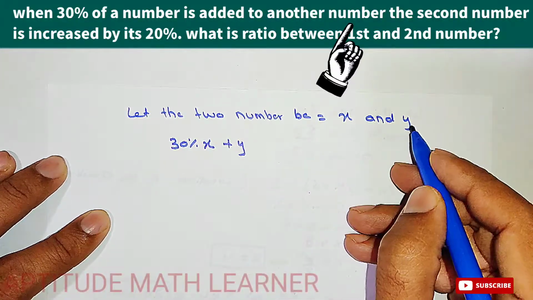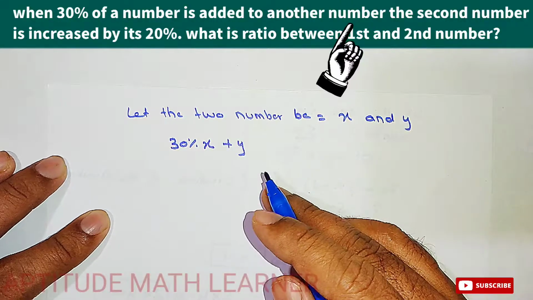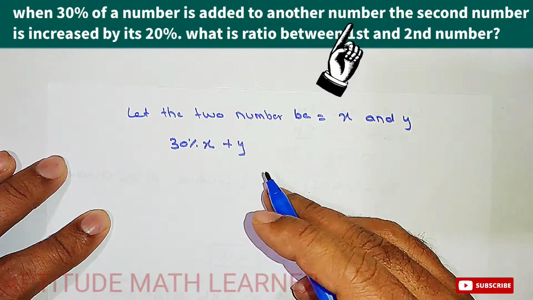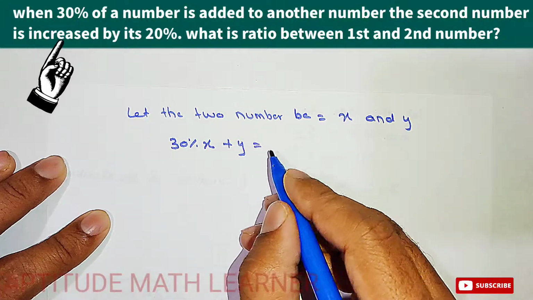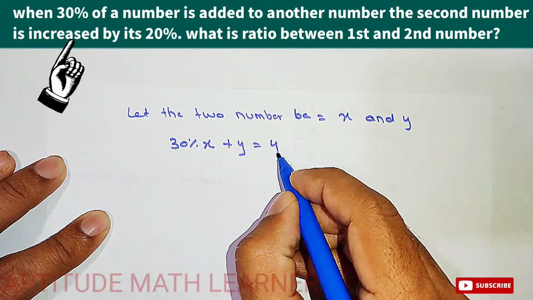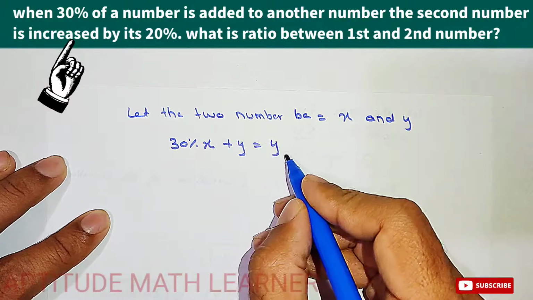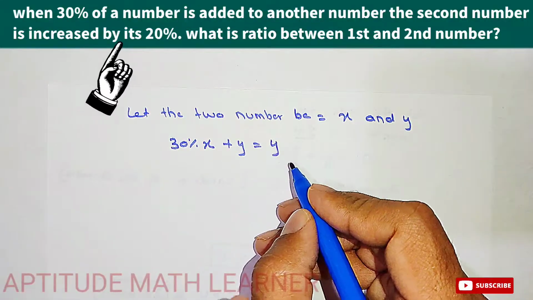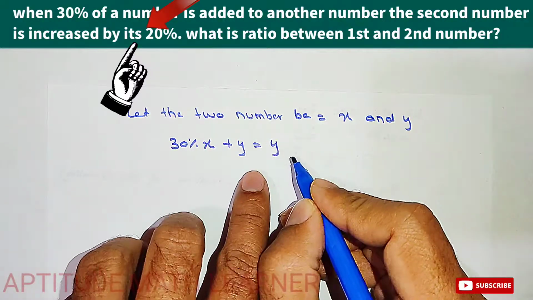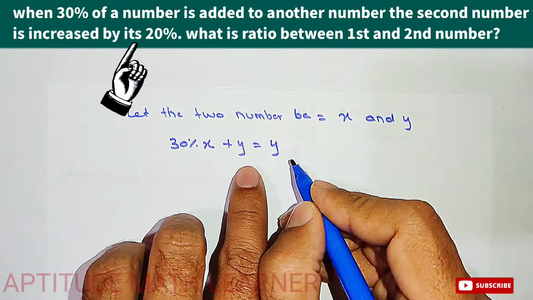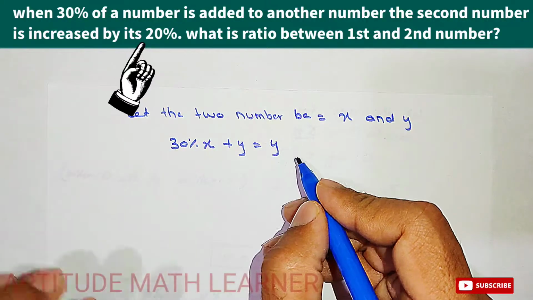Here y is the second number, and the second number is increased by its 20%.